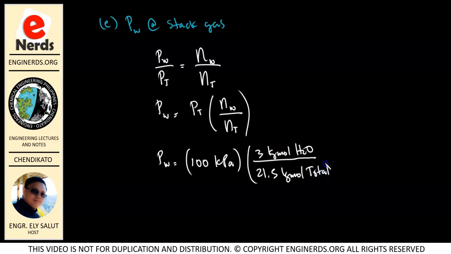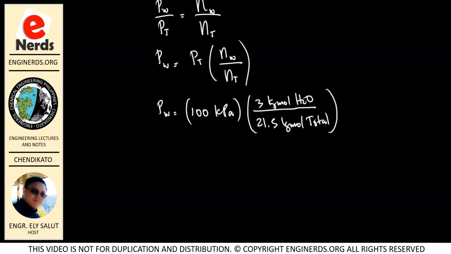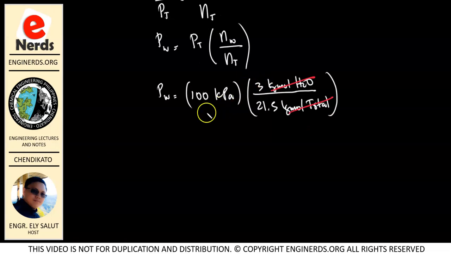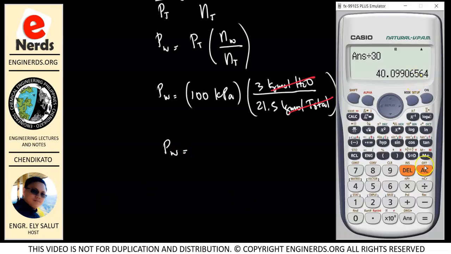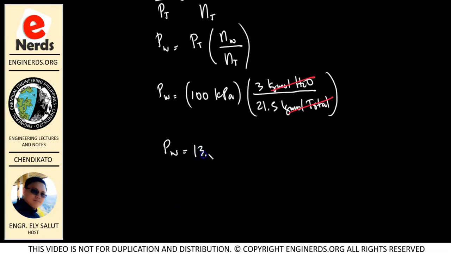Okay, all right, so now we can cancel this out, kilogram moles and kilogram moles. Now we will be left by the unit kilopascal. So our partial pressure of water is therefore equal to 100 times 3 divided by 21.5. So we have 13.953 kilopascal. And this is our final answer here.